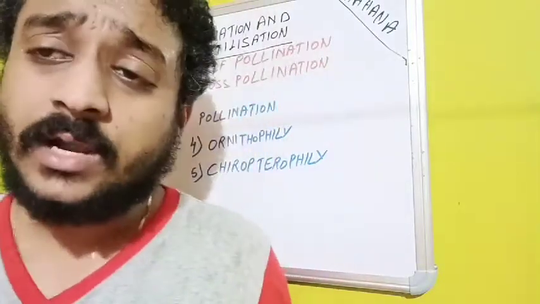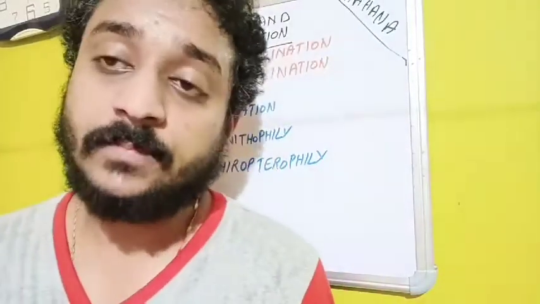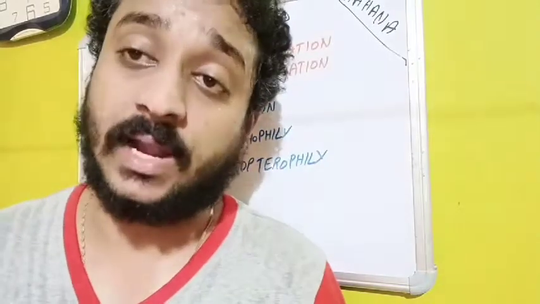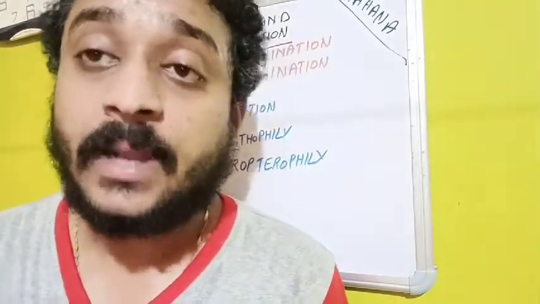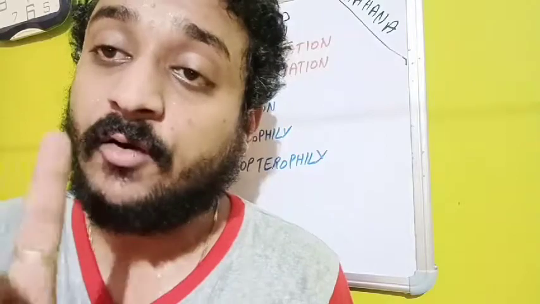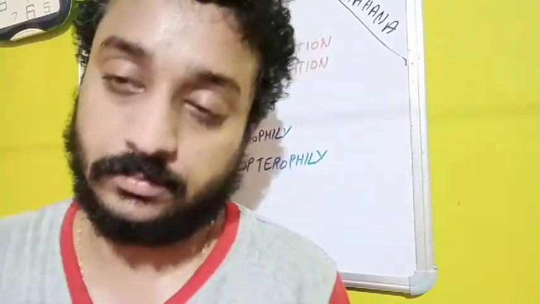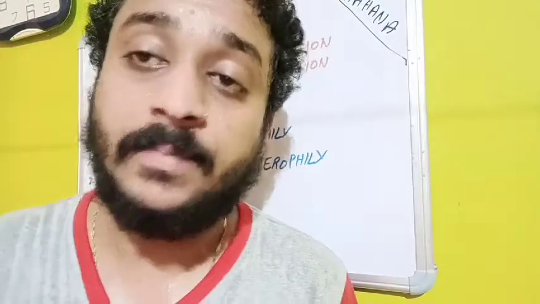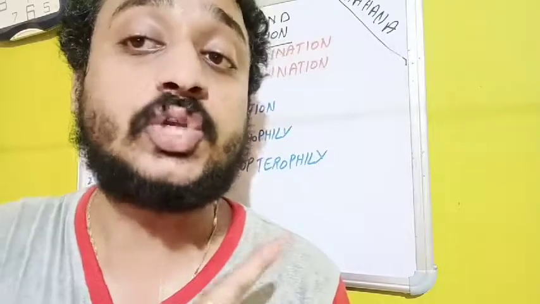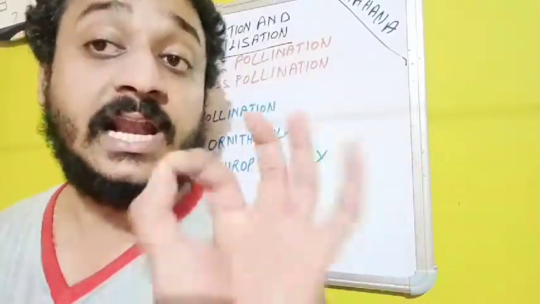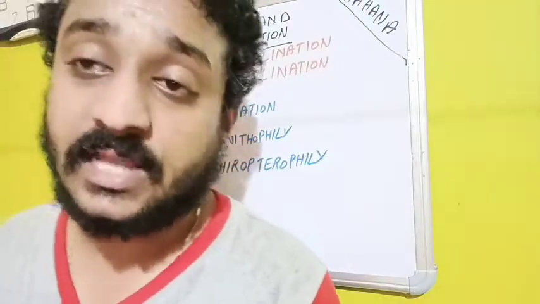Now, what are the conditions of cross-pollination? The first condition is unisexuality. Unisexuality means only a single sex. In a particular plant, all the flowers will be either male or female. Means there is no chance of self-pollination. Next is the self-sterility condition. What is self-sterility?